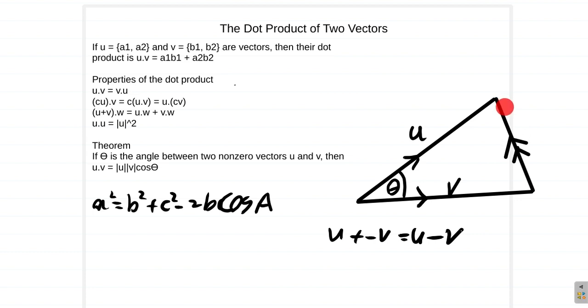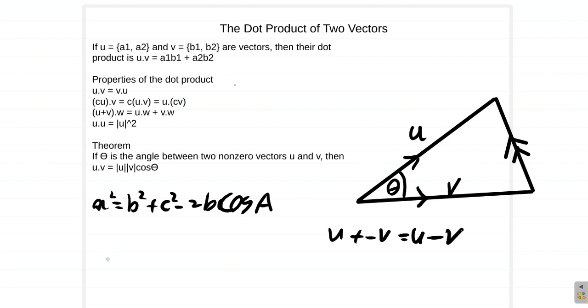This length a squared equals b squared plus c squared minus 2bc cosine of this angle.